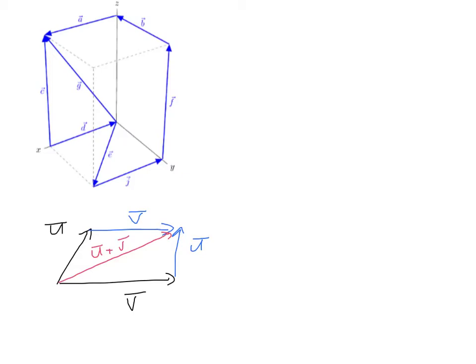Alright, so let's explore the relationship between B, A, and E. I will redraw A, which is going in this direction to the left, and B, which is going up and to the left, and then we have the vector E, which I'm going to draw in red.